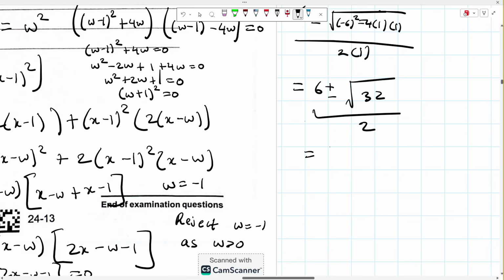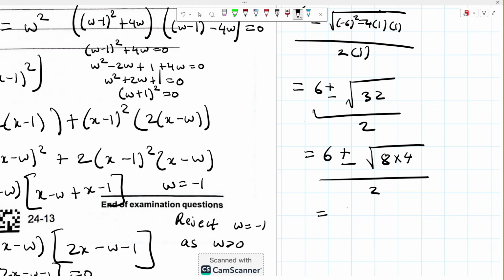Now, we can simplify this a bit more. Root 32 we can write as root 8 times 4. Oh, we can actually simplify this even more. We can write this as 16 times 2, which is also 32.